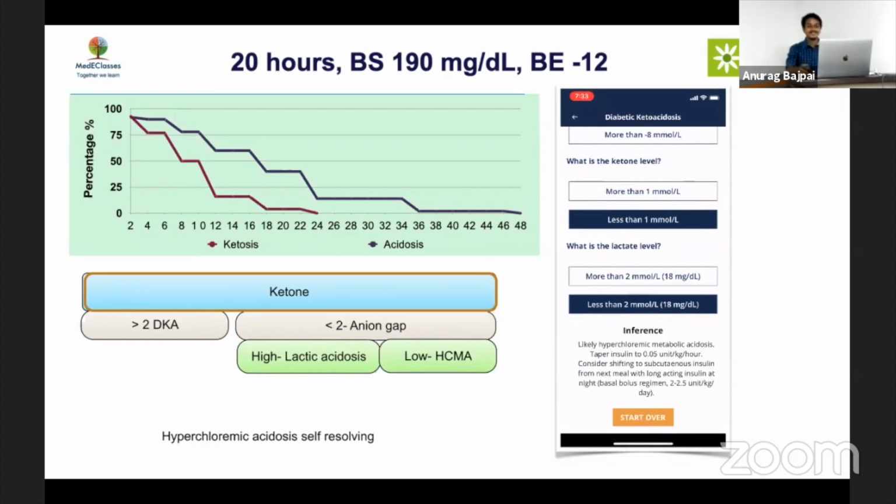Iman, what is chloride load? No, sir, no idea. So that will be another way of looking at the same hyperchloremic metabolic acidosis, which we have not put here because then you have to take chloride also. But if you basically look at these parameters, you will get the idea.